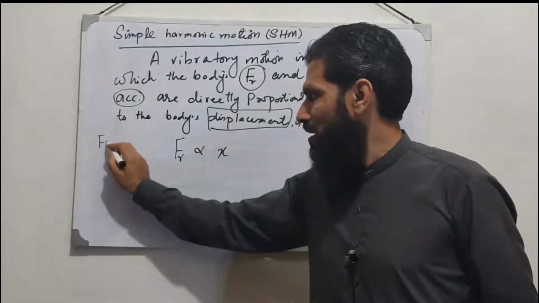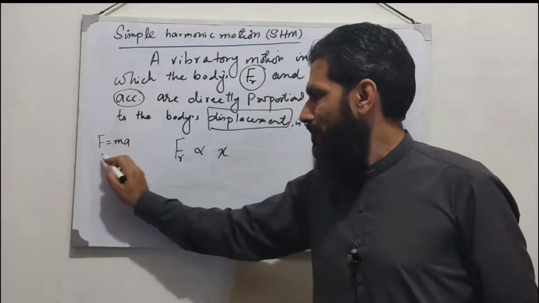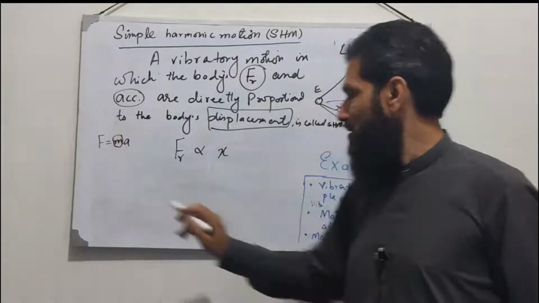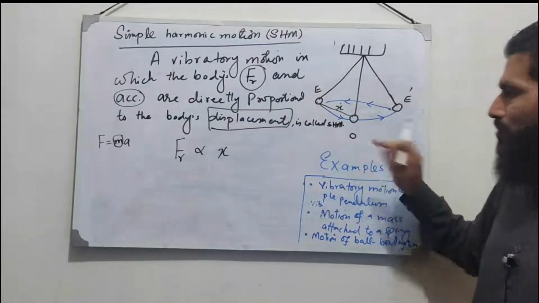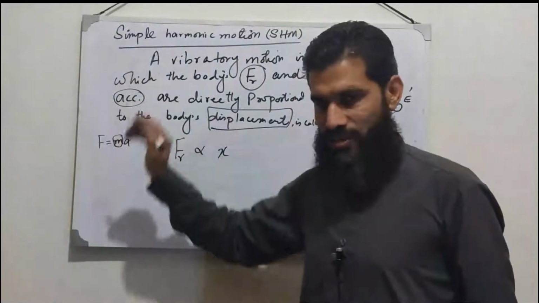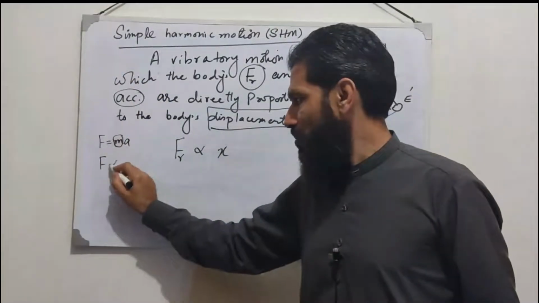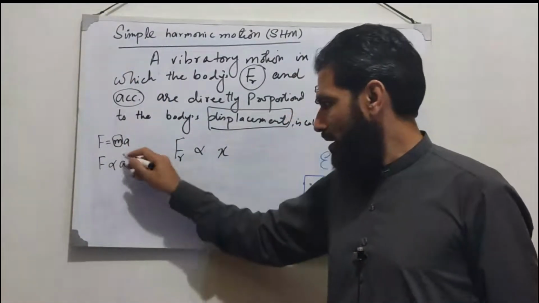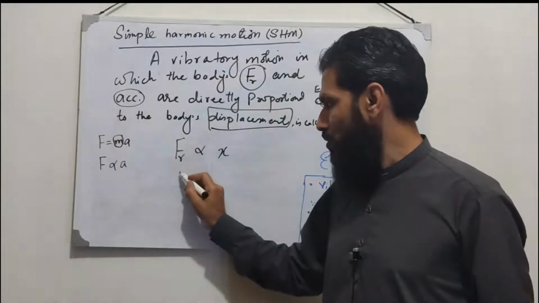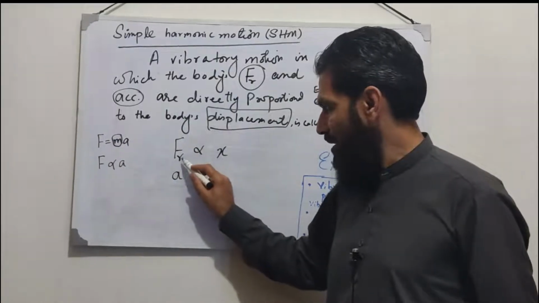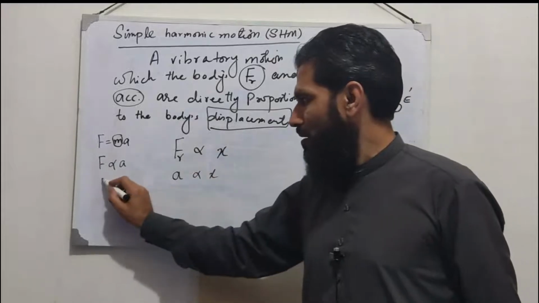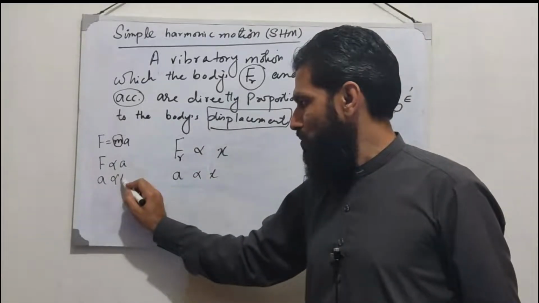By Newton's second law, F is equal to ma, and since the mass of the bob is constant whether it is at extreme or mean position, it can be eliminated. So we can write F proportional to a, and we can say a is proportional to x. We have replaced Fr by a because a is also proportional to F.